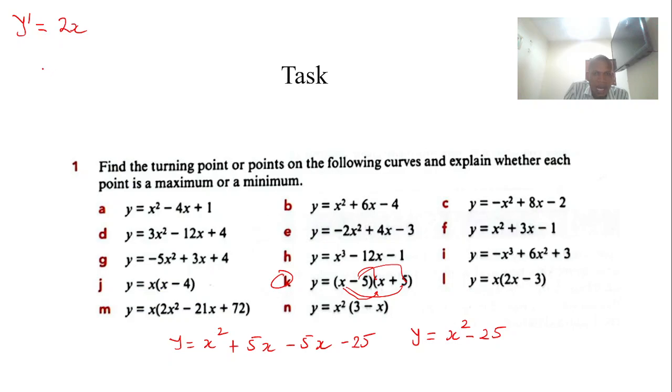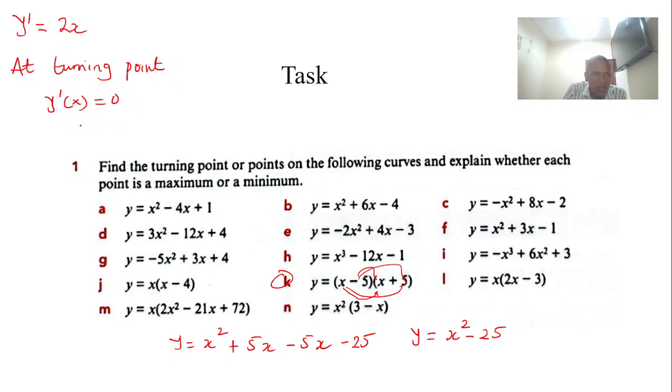Good. Then don't forget, at the turning point, what should be the value of the gradient? It is 0. Very good. So your y prime of x has to be 0 at the turning point.